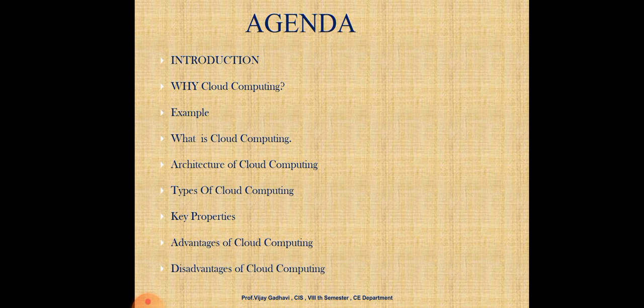Okay. Now further, a cloud may be limited to a single organization, that means you can also call it an enterprise cloud, and it may also be available to multiple organizations, that means public cloud. Cloud computing relies on sharing of resources to achieve coherence and economies of scale.